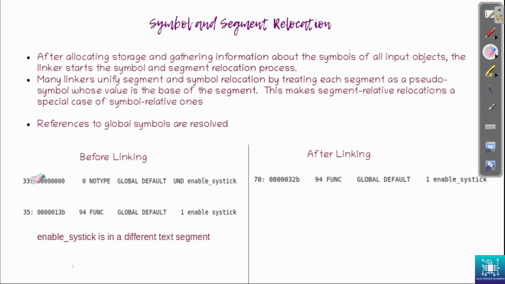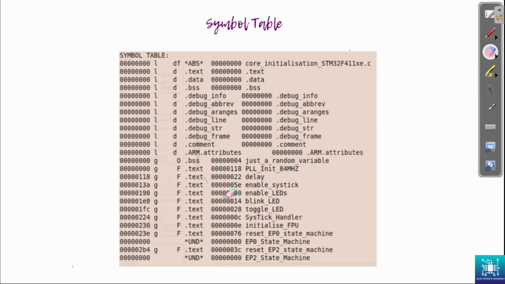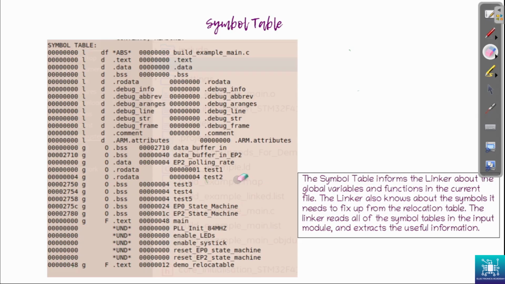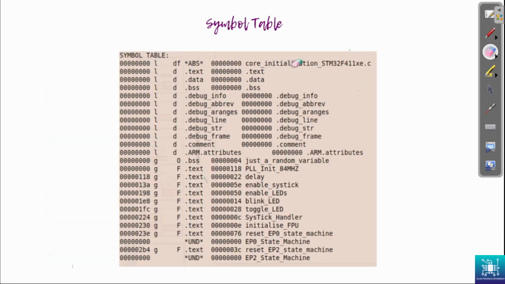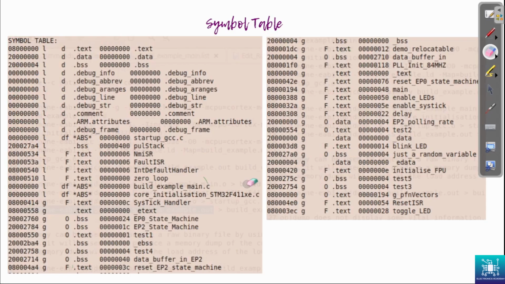So probably this call was made from, let's go back and check the main. So this is the main symbol table, enable sysdig. As you can see, this is undefined. But if you see in the core initialization, enable sysdig, it knows about its functions anyway. But when you go to the final file, you will see enable sysdig has finally been fixed.